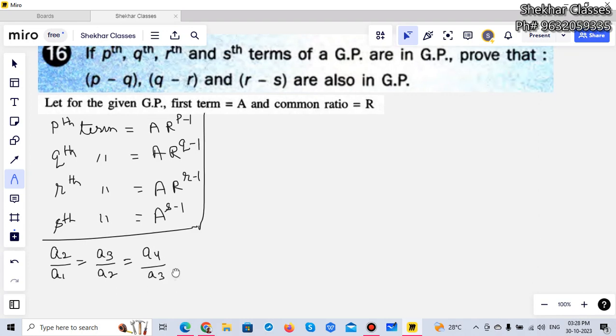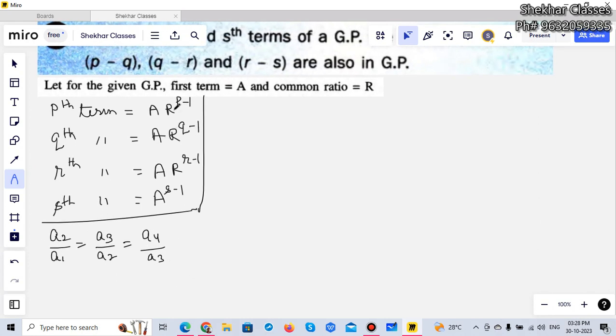Now A2 is the qth term, so I'll write here A r to the power q minus 1, and here the first term is A r to the power p minus 1.